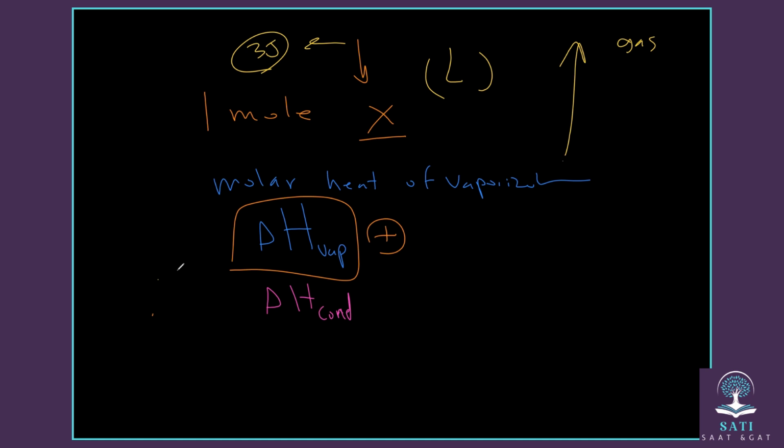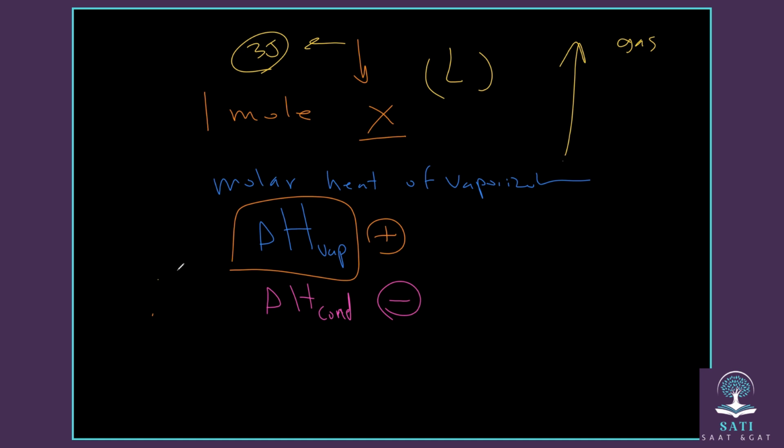It is exactly the opposite of vaporization. Vaporization is the change from liquid to gas, and exactly the opposite, from gas to liquid, is called condensation. And since that one was endothermic, this one will be exothermic, and it's going to be negative. And its definition is the energy required to change 1 mole of a substance from gas into liquid. And this reaction is exothermic.